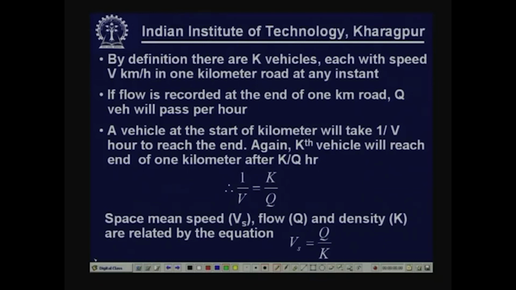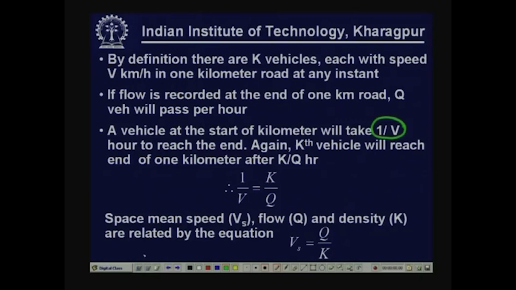If flow is recorded at the end of 1 kilometer, you will observe probably q vehicles per hour. Now, let us consider a vehicle at the start of 1 kilometer. How much time will it take? Speed is v kilometer per hour. So, to cover 1 kilometer, how much time will a vehicle take? Obviously, it is 1 by v hour.